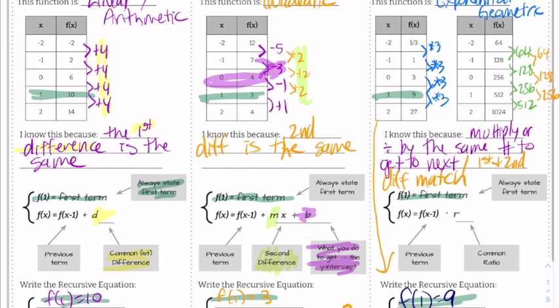Okay? So then we find our recursive by saying that we take the previous term and then we times by the r. That's our common ratio, which is this part here. So I'm just going to say f of x equals f of x minus 1, which is the previous, and then times by your common ratio, which in this case is times by 3.